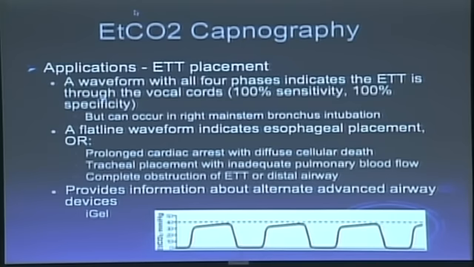A flatline waveform indicates esophageal placement or could be prolonged death, so there's no CO2 coming out. Tracheal placement with inadequate pulmonary blood flow, as you might get from a pulmonary embolus, or complete obstruction of the ET tube or distal airway.